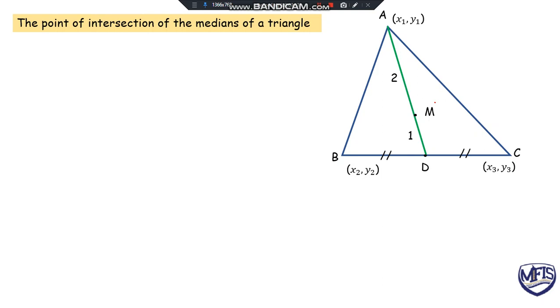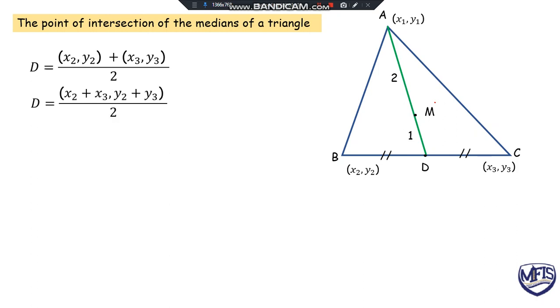So we have A (x1, y1), B (x2, y2), and C (x3, y3). D is the midpoint of BC. So we can find D with the rule (x2, y2) plus (x3, y3) over 2. So D is ((x2 plus x3) over 2, (y2 plus y3) over 2).